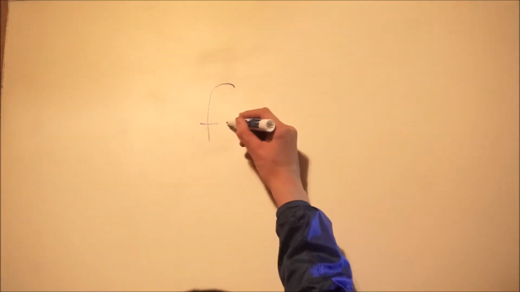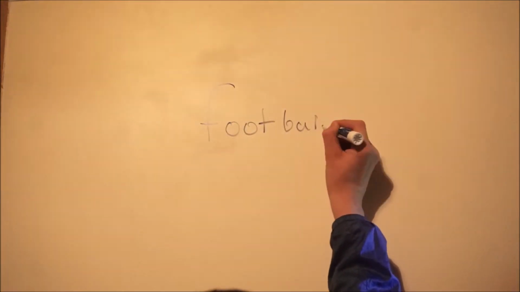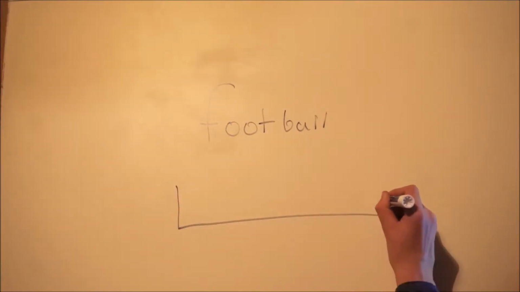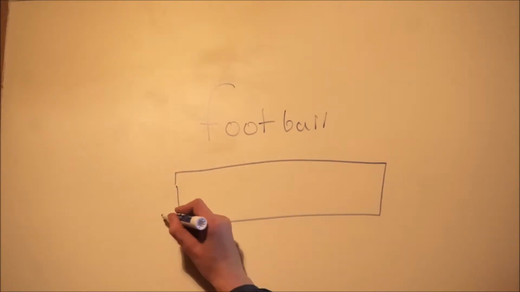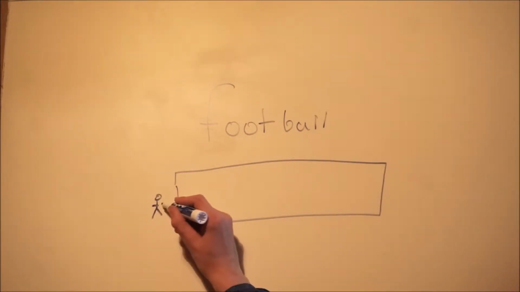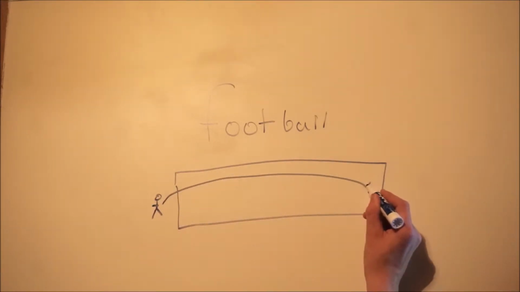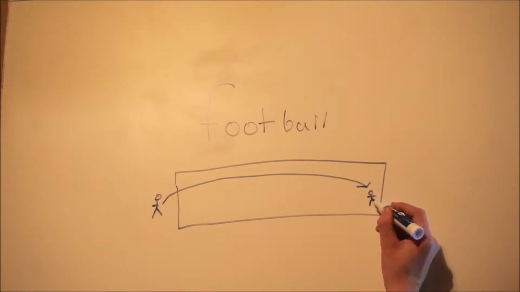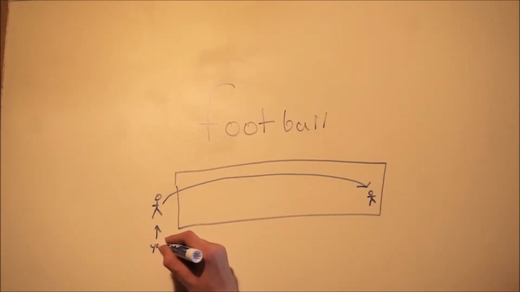So let's say you're playing football. And so here's the field you're playing on. And here's you down here. And you throw the football down to your friends over here.